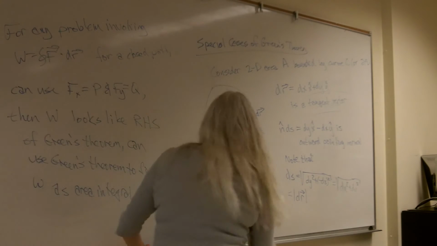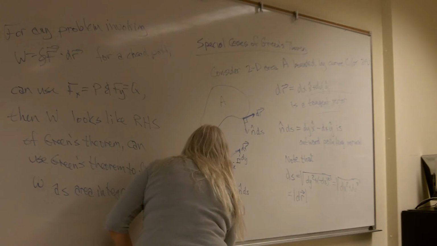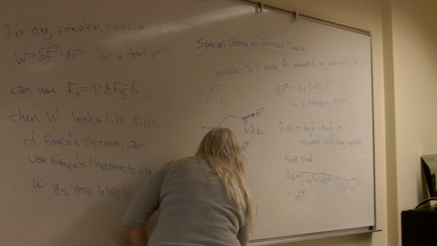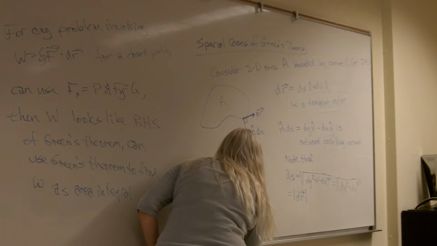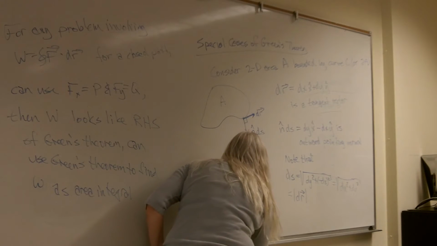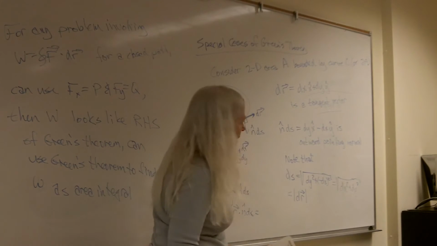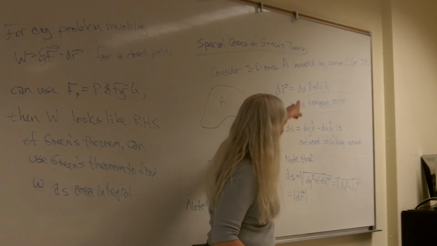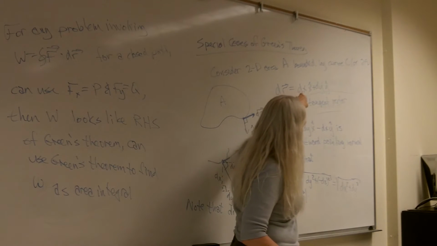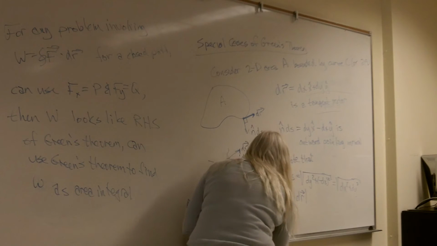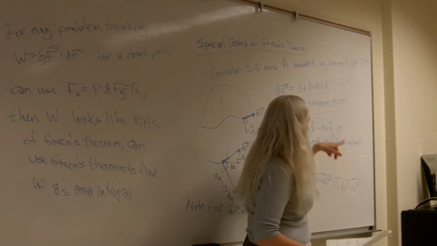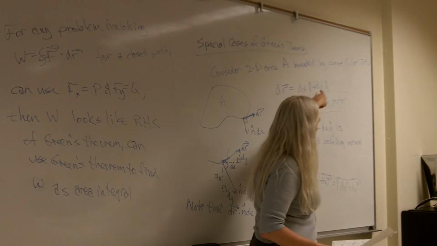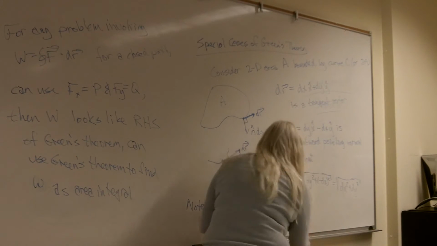Also notice that if I take their dot product, right, dr dotted into n hat ds. When I dot two things, I multiply their x components together, so dx times dy. And I add to that the sum of their y components, so dy times minus dx.